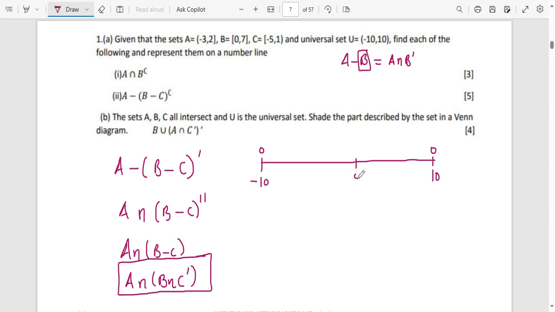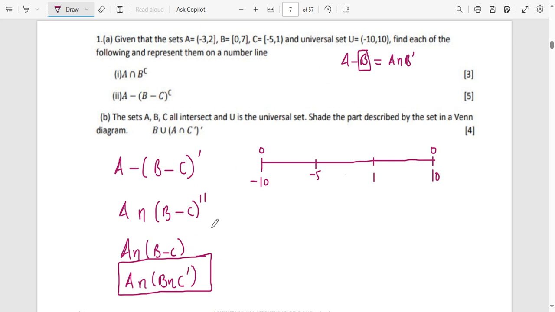Let's say -5 is somewhere here. So when you're writing a set, you can't start with a big number and then write a small number. That's wrong. You can't write a range like that. You always start with a small number and then a big number. Okay, so it's moving from -5 up to +1.